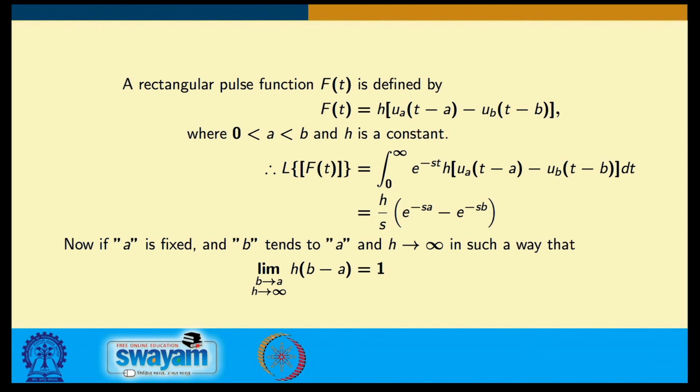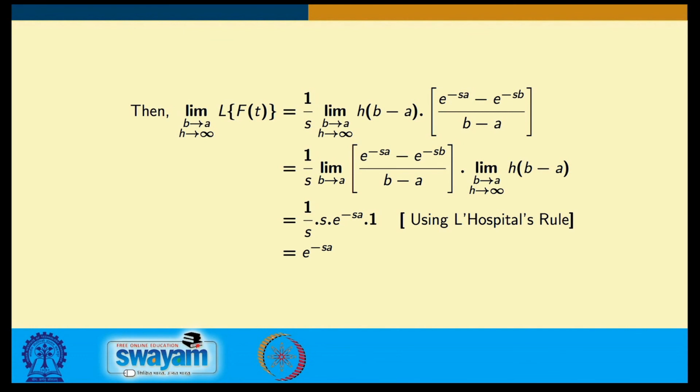Please note that here a is fixed and b is always tending to a, and h is approaching infinity in such a way that the area h into (b minus a) always equals 1. So, the limit as b tends to a and h tends to infinity of h into (b minus a) equals 1.